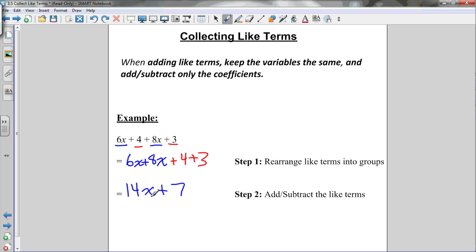I kept that exactly the same. I just added the coefficients. 6 plus 8 is 14, and I kept the variable exactly the same. So if you think about it, if you have a pile of 6 unknown things, and then you add 8 more of those identical unknown things to that pile, you now have 14 of those unknown things. Okay, so 14x plus 7.